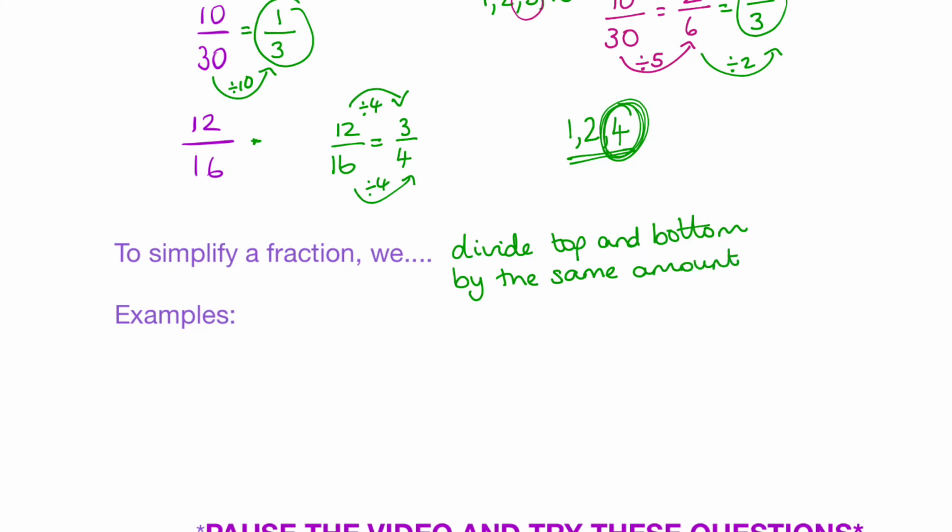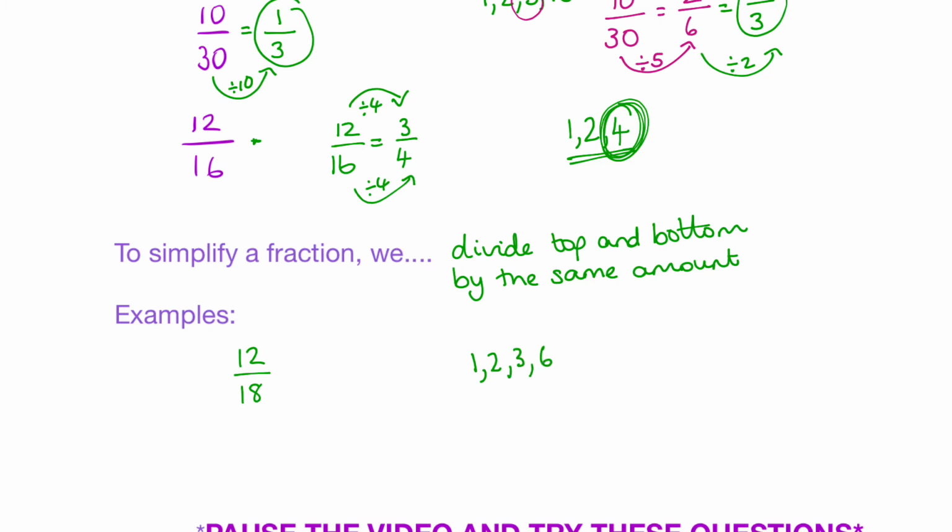Okay, so we're going to do one more example, and that is 12 over 18. We're going to simplify that fraction. So if we think hard about what times tables we'll find 12 and 18 both in, we'll eventually come up with the fact that they're in the 1, the 2, the 3 and the 6 times tables.